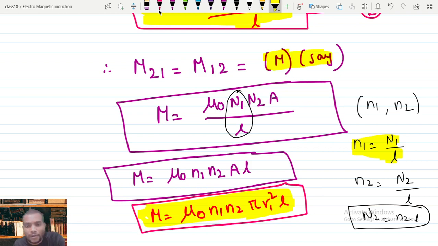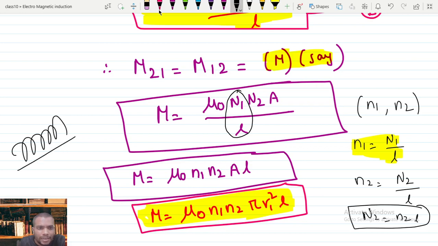structure of the solenoid. What is the meaning of the geometrical structure? It purely depends upon the length of the solenoid. How much length is there? The mutual inductance is directly proportional to length, and it is also directly proportional to the area of cross section of each turn.